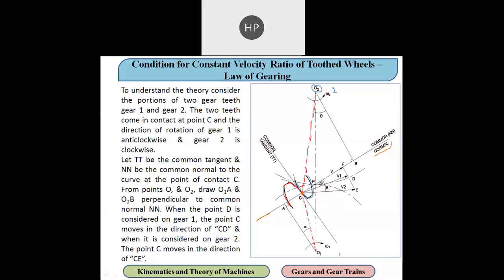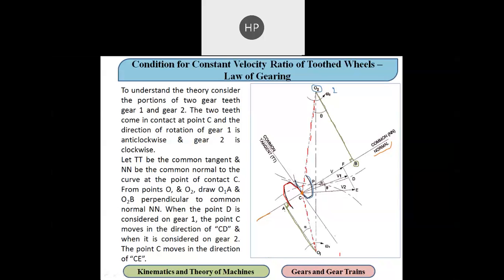So it is touching at point A, and normal means that it is 90 degrees. In the same way, from O2 one line is drawn perpendicular to the common normal, touching at point B. So we have 3 points on this common normal line.